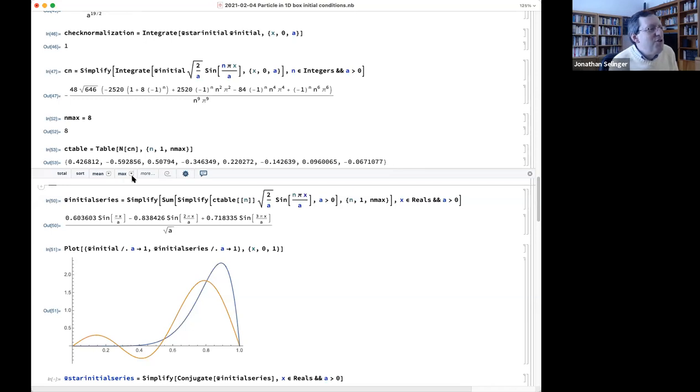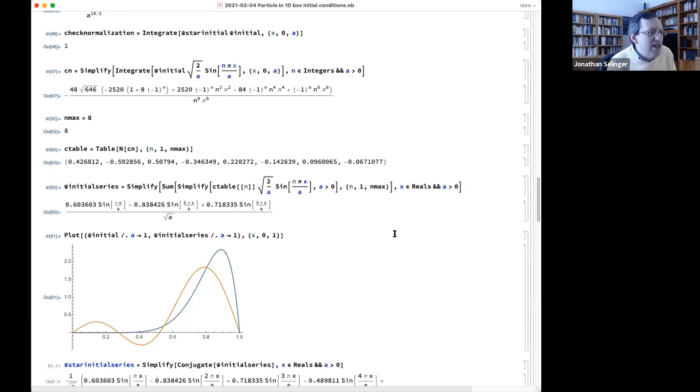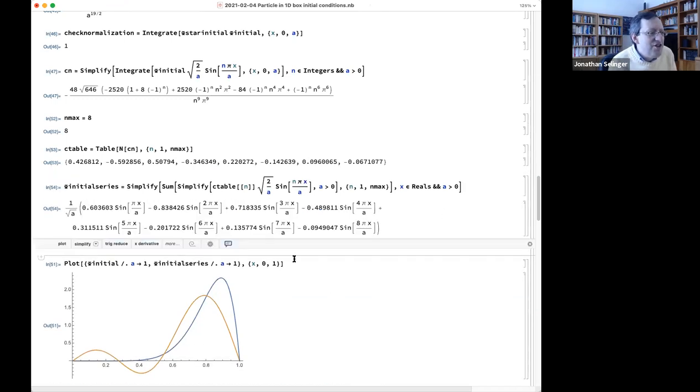If you look at the numbers, you can see the numbers are getting smaller. So the numbers are all pretty big for the first 3, 4, 5 terms. Eventually, they're starting to get smaller. So here is a Fourier series going up to 8 terms.